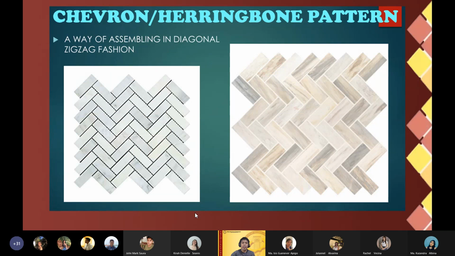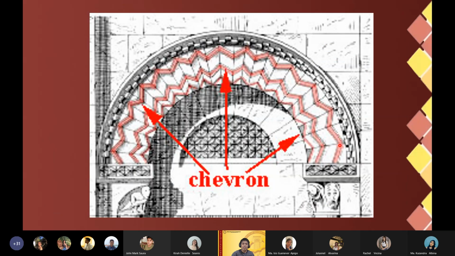Another term we have is chevron or the herringbone pattern. So if you notice, the tiles that are in a chevron pattern look like this. So how did they apply it during the Byzantine architecture? They applied it on their arches. Nice chevron.